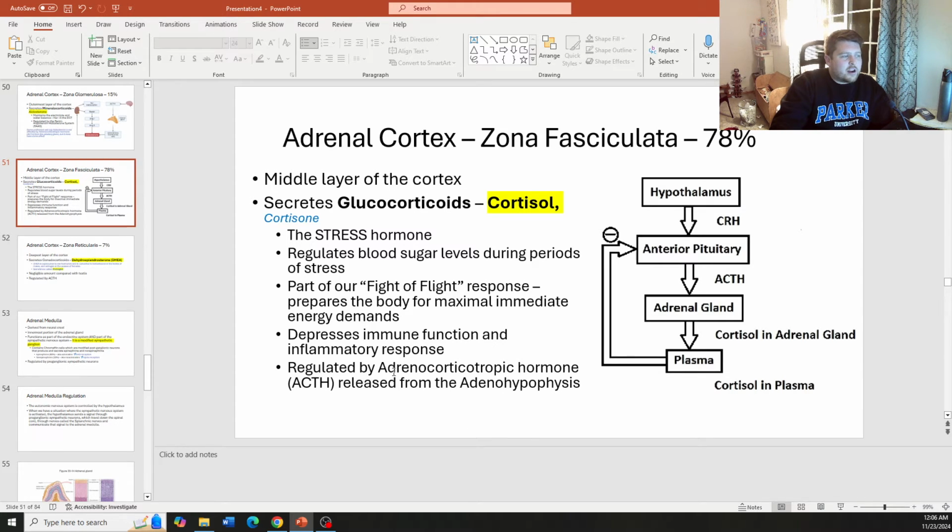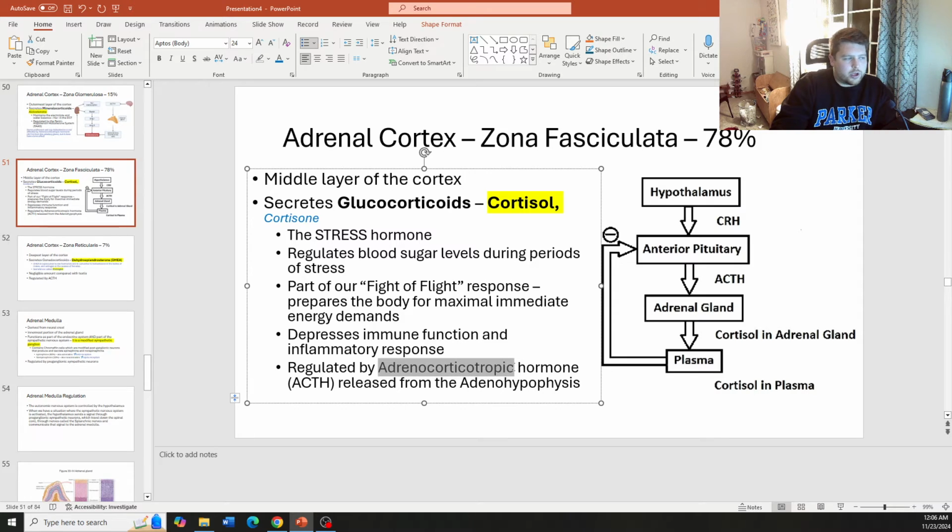And this very much is controlled by our adrenocorticotropic hormone, that ACTH, released from the anterior pituitary. So right here, the hypothalamus releases CRH. This is corticotropic releasing hormone.